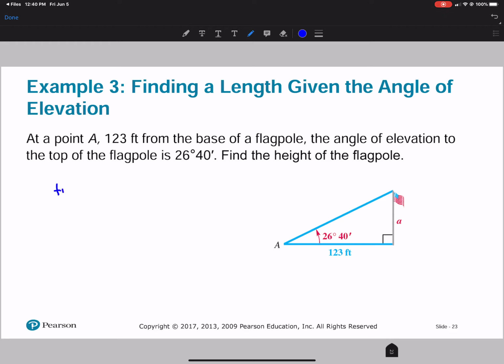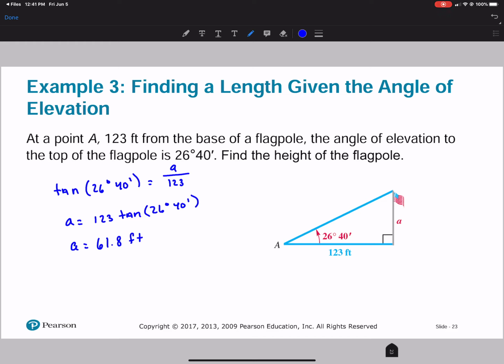So I'm going to use the tangent of 26 degrees and 40 minutes, equal to A over 123 feet. A should be equal to 123 times the tangent of 26 degrees and 40 minutes. Putting that in the calculator, A is roughly 61.8 feet.